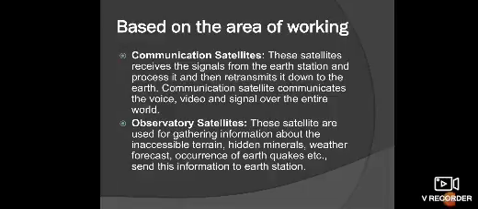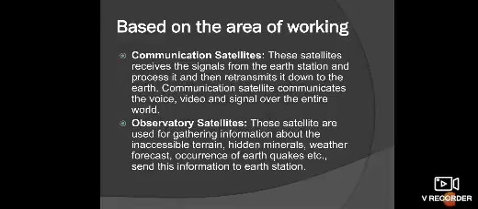Like this, they send information towards the earth station about the weather, minerals, or any hidden parts. So they give information about those particular areas to the earth station, and they can be used to predict earthquakes or detect enemy missiles.